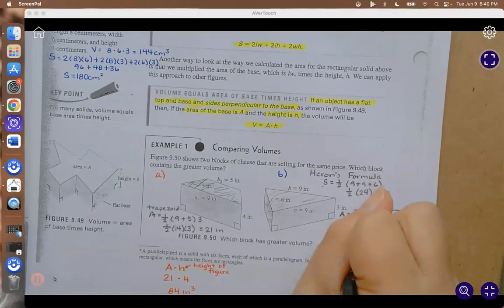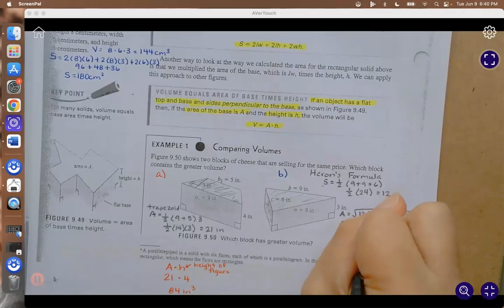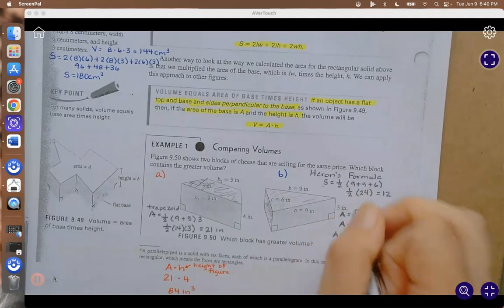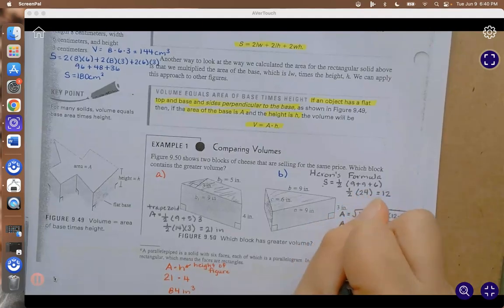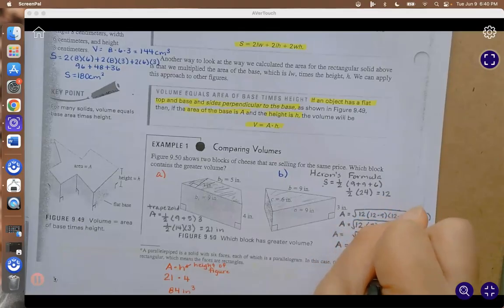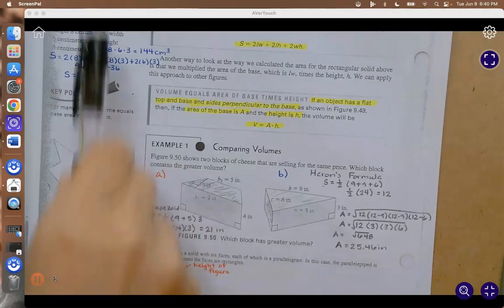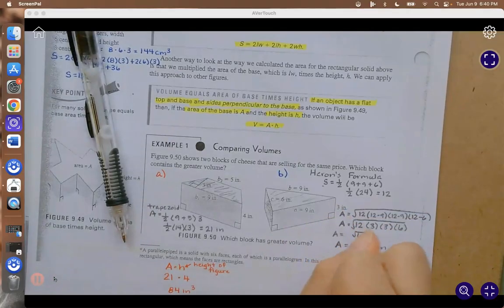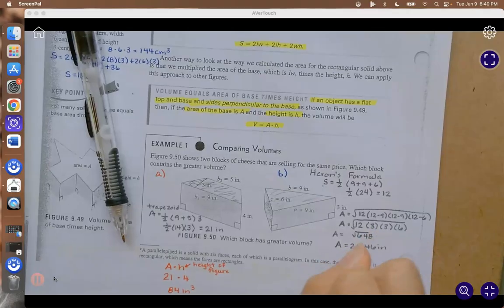So this is going to give me the square root of 648. Okay, I multiplied those four numbers together. So that area is 25.46 inches.